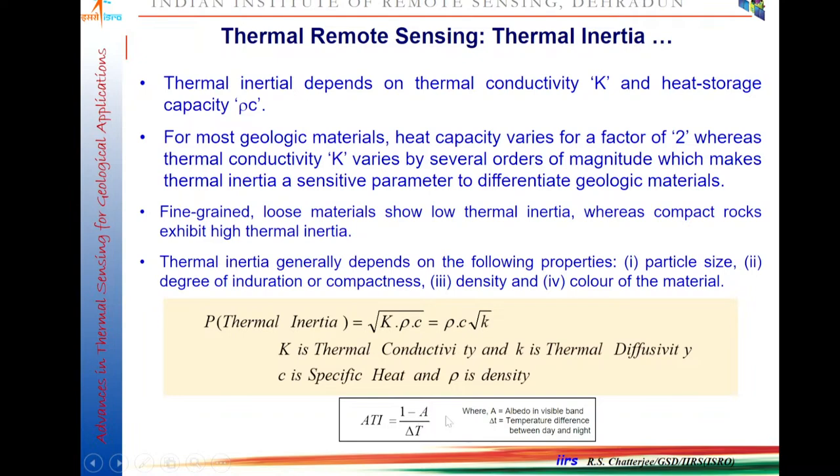What is 1? 1 is the total energy. You know these energy balance equations, no? Kirchhoff's law, first law. The total energy incident on any object is equal to what? Total energy incident on an object is equal to reflected energy plus transmitted energy plus absorbed energy, isn't it? So if you divide by the total energy on either side, then what will happen?